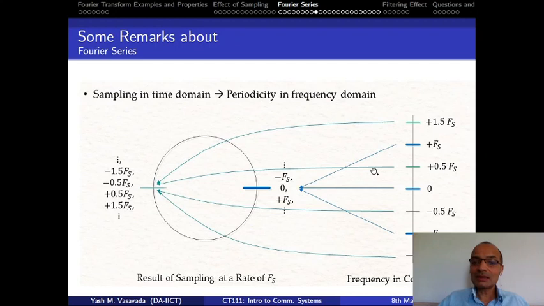What it means is that 0, fs, negative fs, negative 2 fs, and so on, they all map to this point over here. In the same way, 0.5 fs and minus 0.5 fs, all of those locations, they all map to this point. And then the remaining part becomes the rest of the circle.